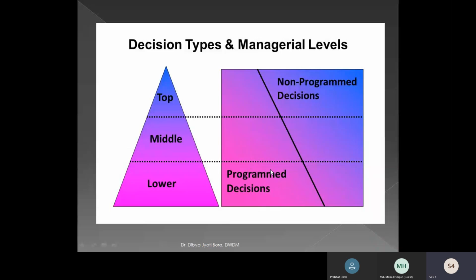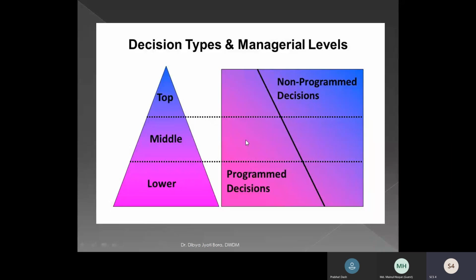So this middle part is an overlapping of program decision and non-program decision. This is not truly program decision, and not truly non-program decision. I hope this is clear to you.